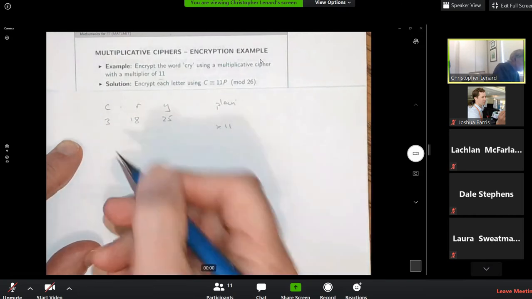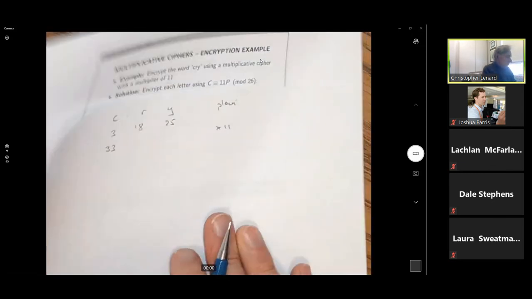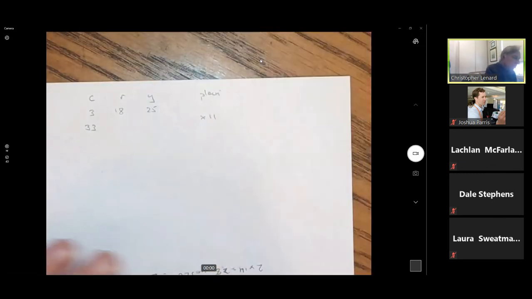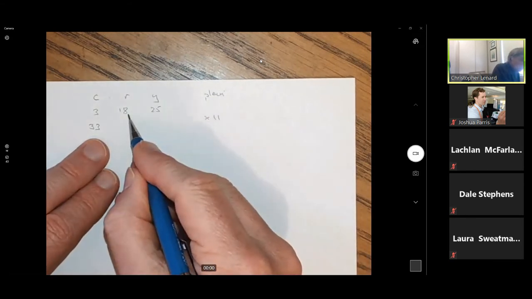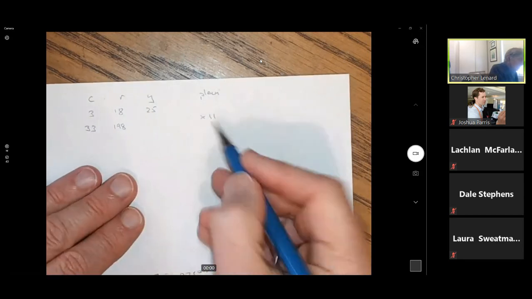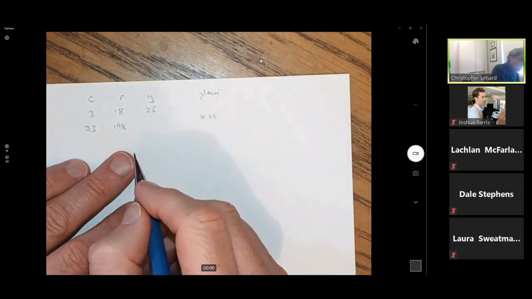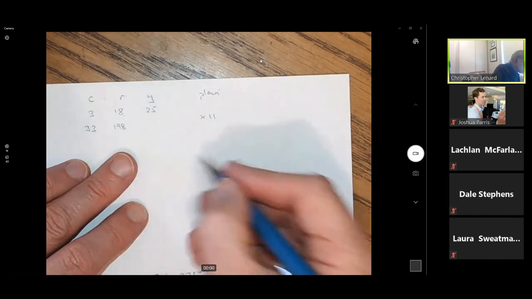Multiply by 11. So we've got 33. 11 times 18 is 198. 25 times 11 is 275.